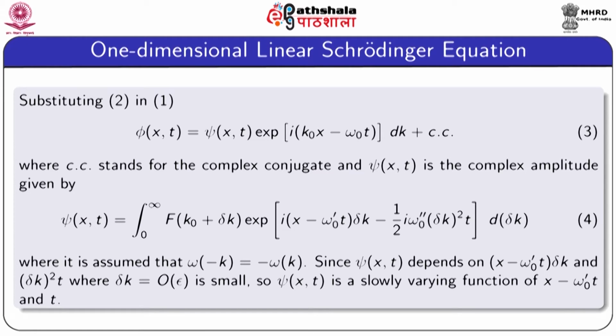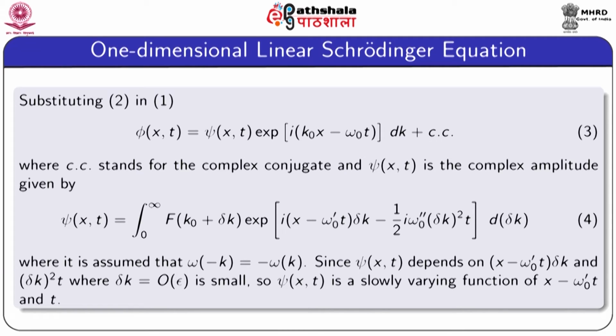If we see the expression for psi, which is written in equation number 4, it depends on (x minus omega 0 dash t) times delta k and delta k squared times t, where delta k is of order epsilon.